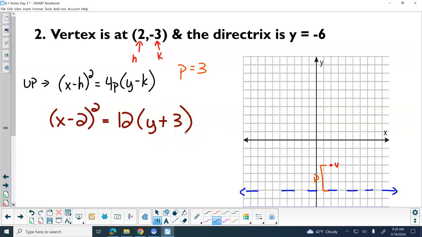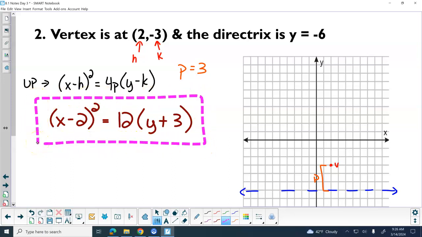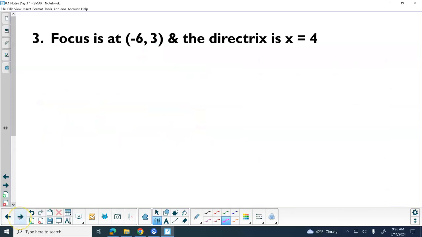I'm going to write that as y plus 10. Would you agree with that as the equation for that parabola? Because you should. Yes? Okay. One more. Try that one.